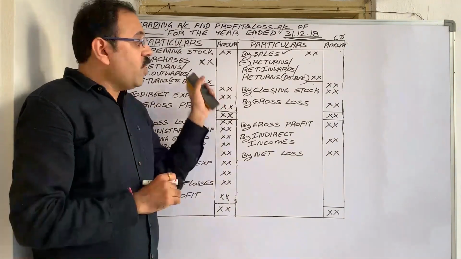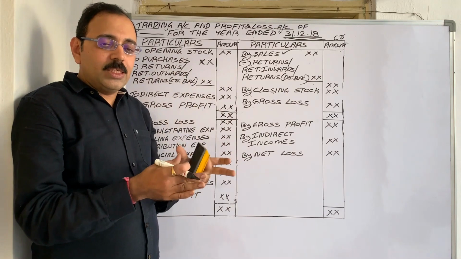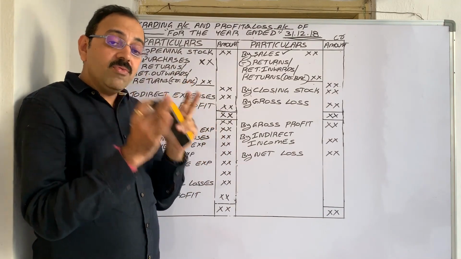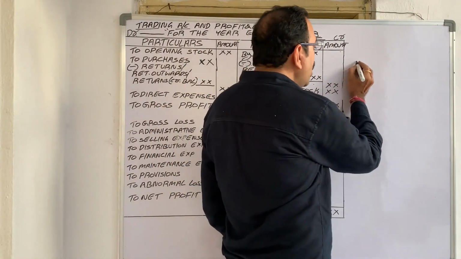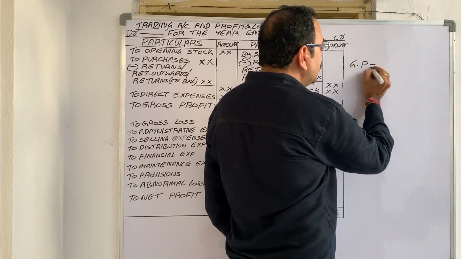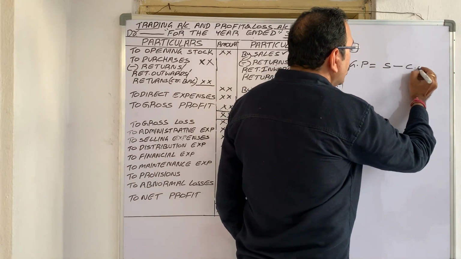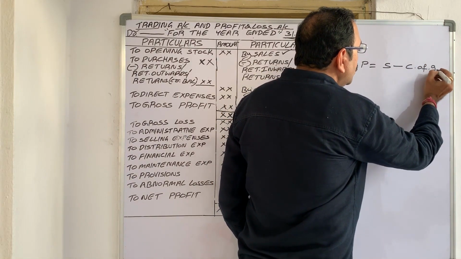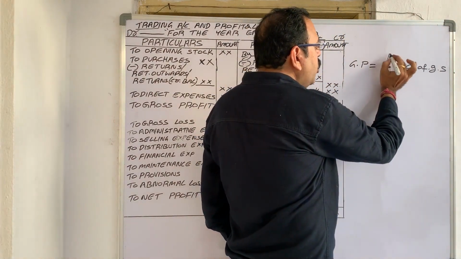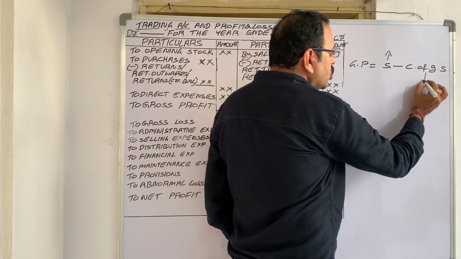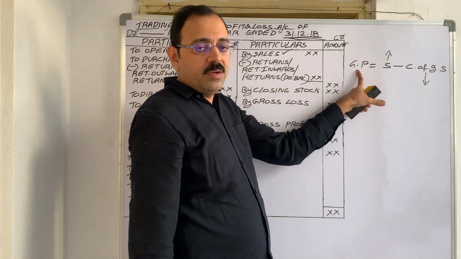Whatever we are recording in trading account, the same thing we can express in the form of one formula also. What is the formula? Gross profit is equal to sales minus cost of goods sold. If the sales amount is more than the cost of goods sold, then it is called gross profit.